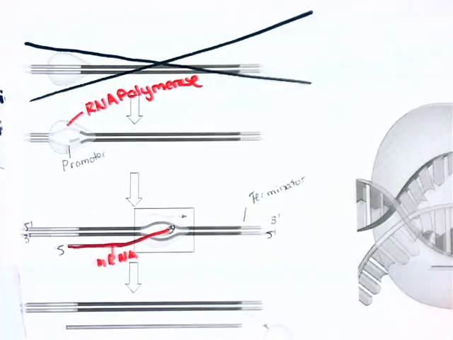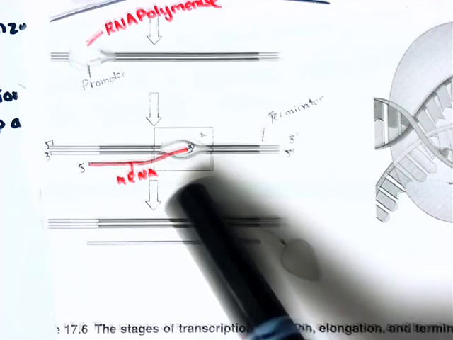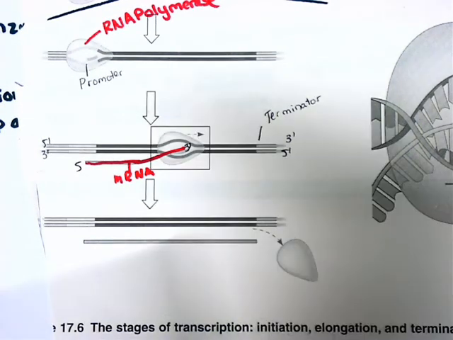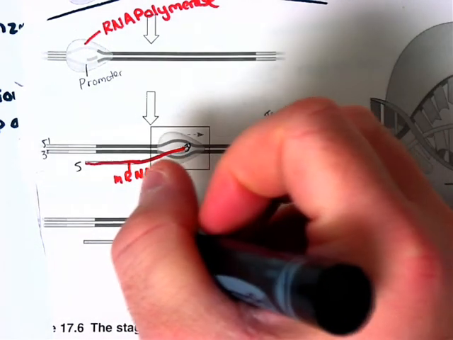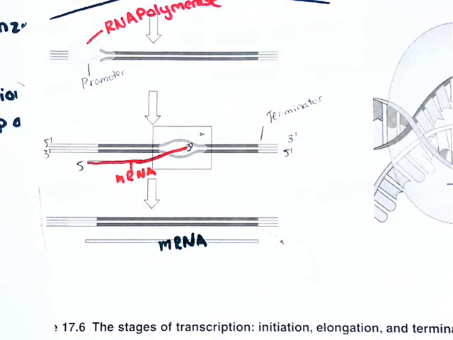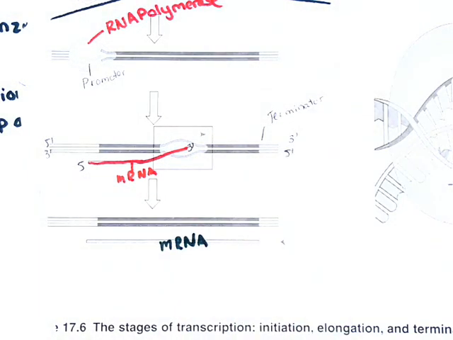And though you are not required to draw it, I want you to see that at the end, you've got your 2 DNA strands, still as normal as before, right? And now you have your little strand of mRNA. It's really the same thing as going to the library, using the encyclopedia, and then having your notes afterwards.